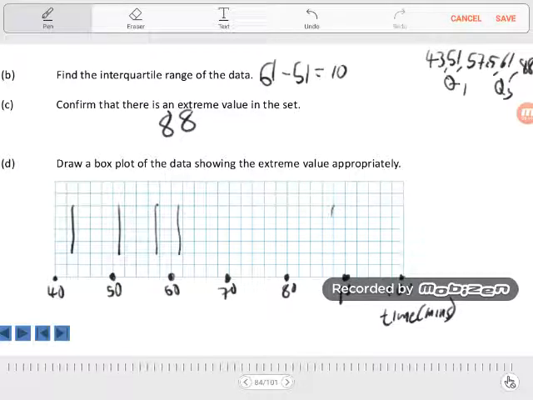Now that really is, you can see the extreme value there. But let's put our box around the Q1, Q3 and the median, and then put our whiskers.